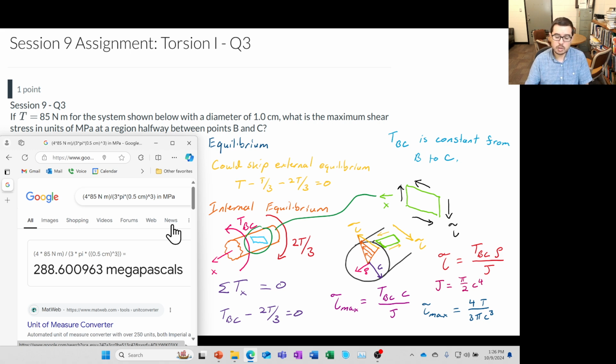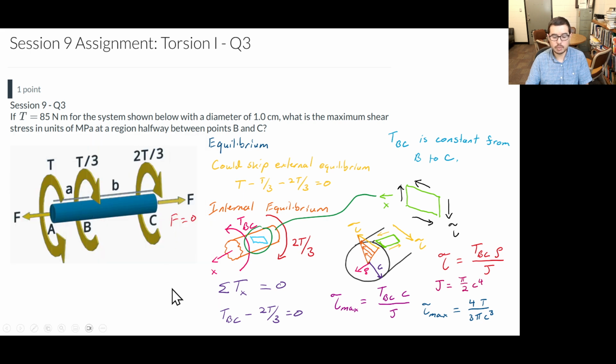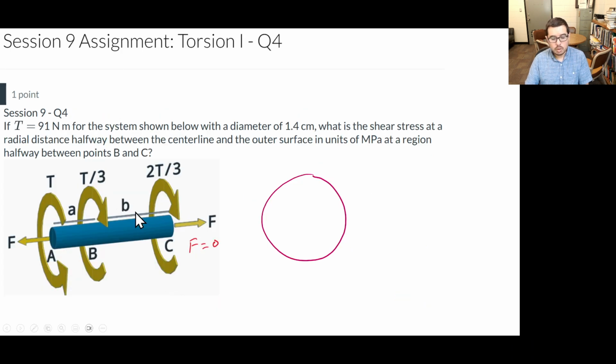Let's go ahead and do the next problem, which is very closely related. I almost made 2 videos, but I thought, nah, just make one. For this problem, we have exactly the same geometry, but the diameter is different. It's 1.4 centimeters, and the torque is also different. It's 91 newton meters, and that's this T here.